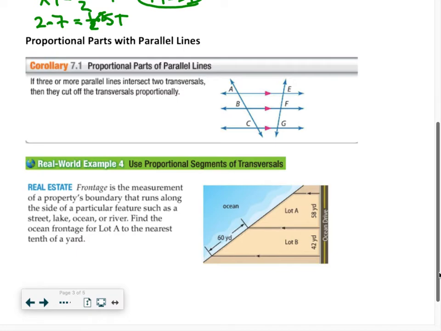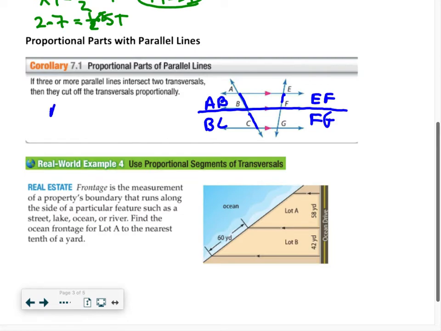So what that means is that AB, this segment here, over BC, this segment here, should be equal to EF over FG.